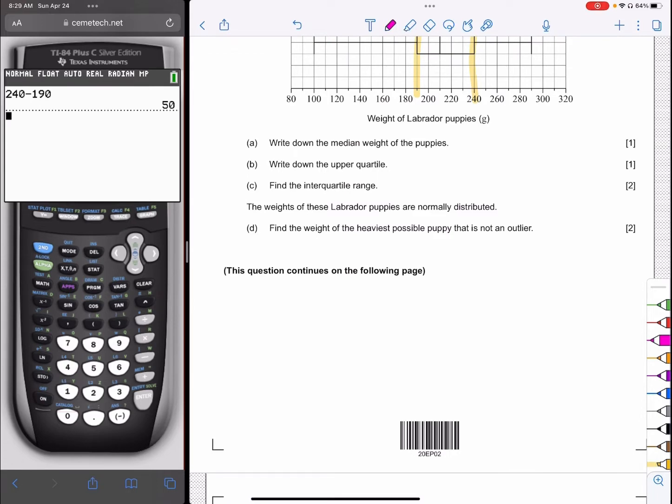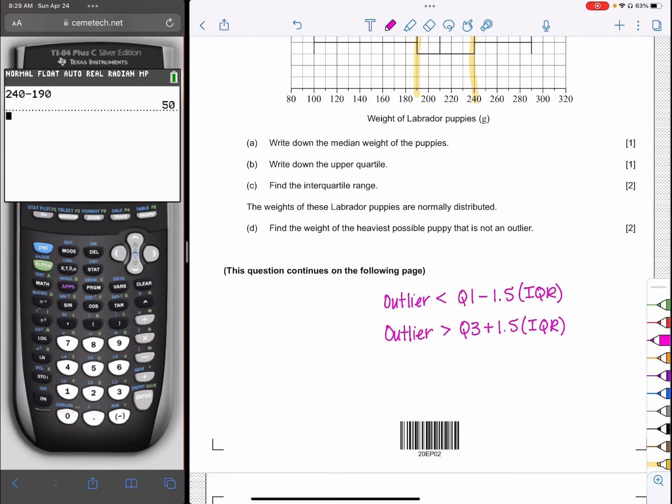So an outlier is going to be any number that is less than your Q1 minus 1.5 times the IQR, or any number that is greater than your Q3 plus 1.5 times the IQR.